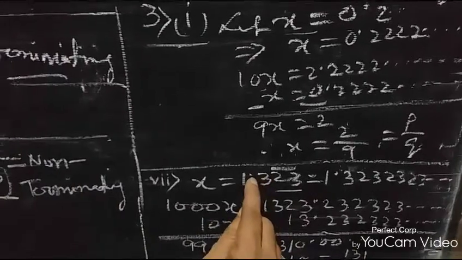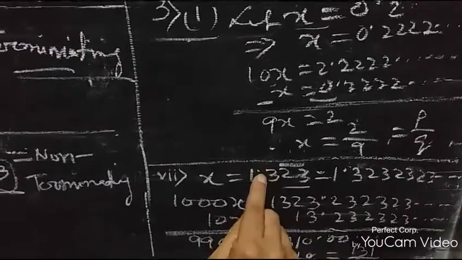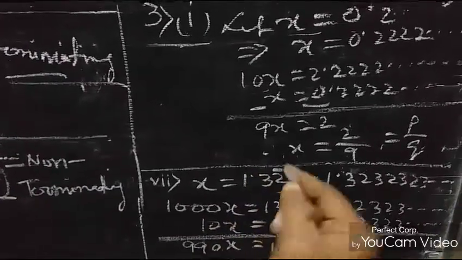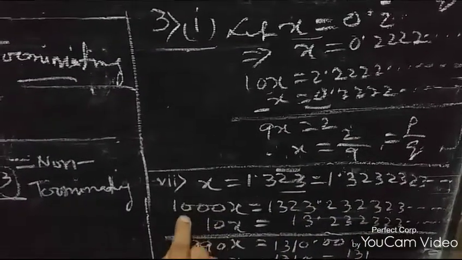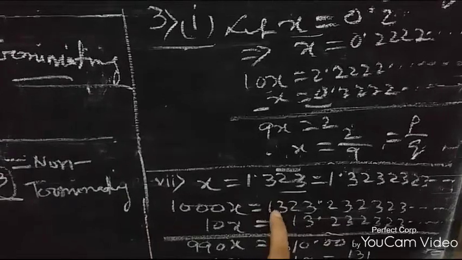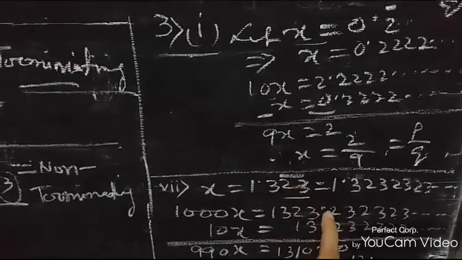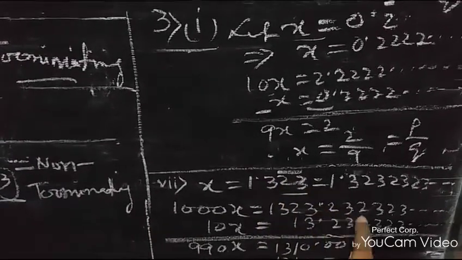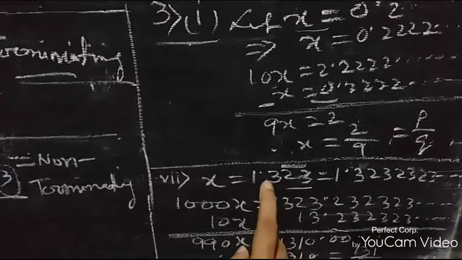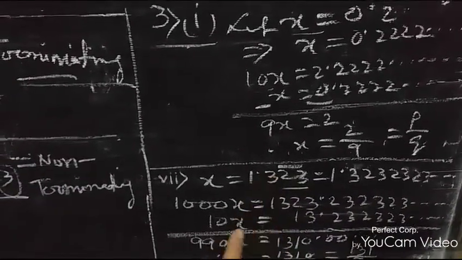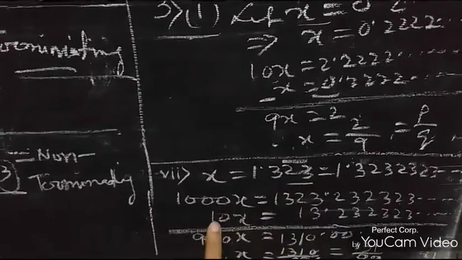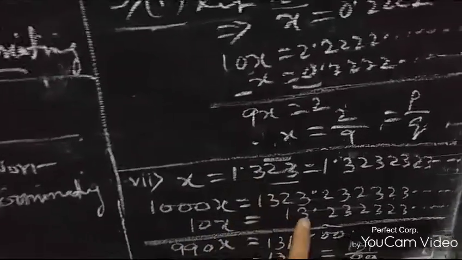See, after the point, 1, 2, 3 is the next recurring, so we multiply with 1000. Then it will be shifted by 1, 2 and 3. The point will be here, and this 2, 3, 2, 3, 2, 3. And there is only 1 decimal digit without recurring, that is 3. So when multiplying, this will be shifted to this.